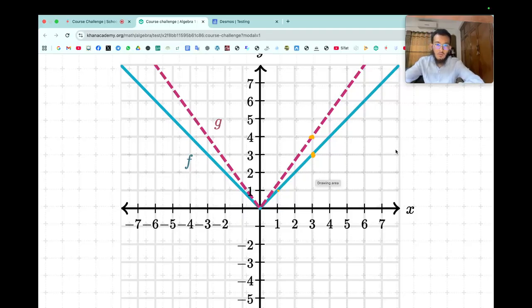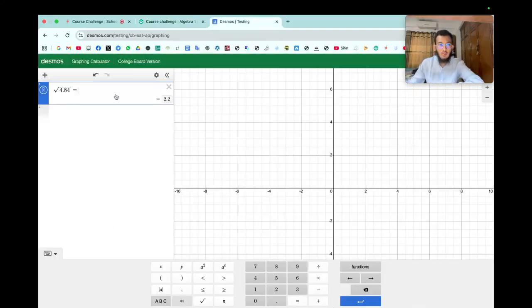So the difference is, obviously g is at the top, so it will be multiplied by more than 1, so it's 4 by 3, I guess. 4 by 3, yep, 1.33.